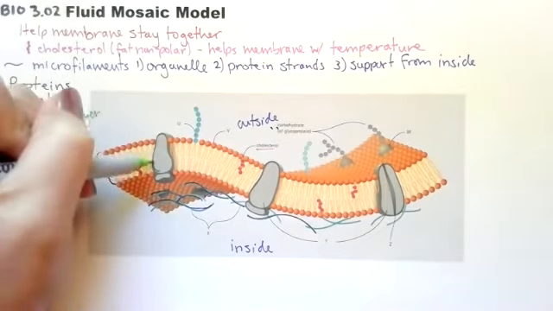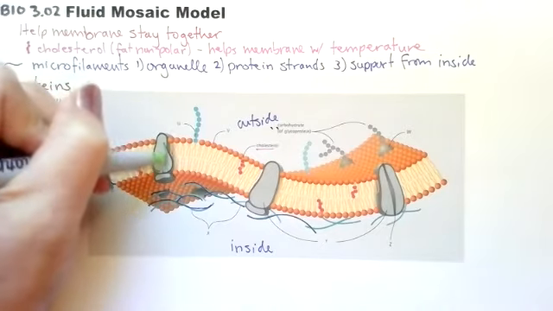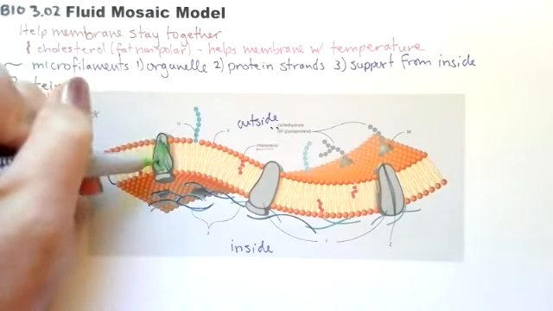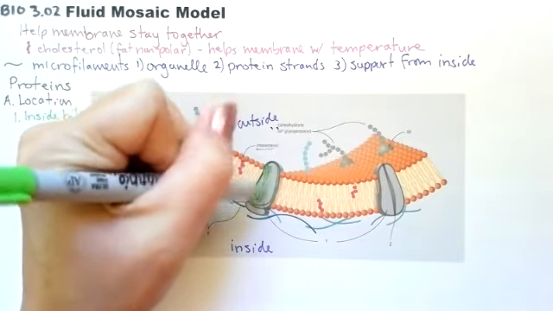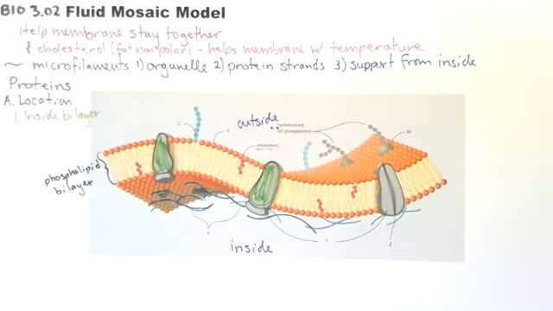And so here, I'm just going to color this guy. Those are both found inside the bilayer. Or they can be found on top of the bilayer. So if they're inside the bilayer, they're called an integral protein.